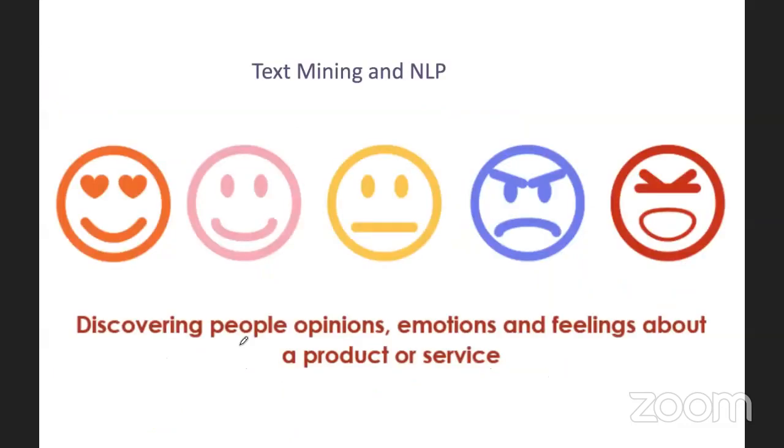Right. So let us get into today's topic, that is text mining or NLP, natural language processing. So what is the objective of text mining or NLP? To discover people's opinions, emotions, and feelings about a product or service, the customers of any company. The company is providing some services or selling some products.